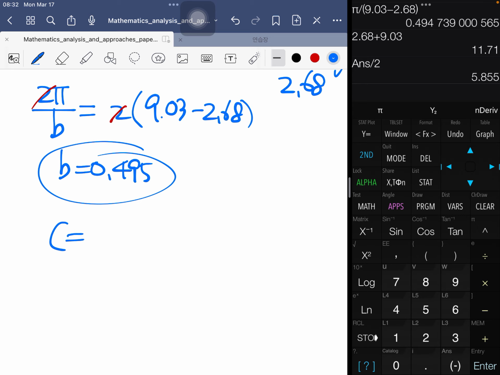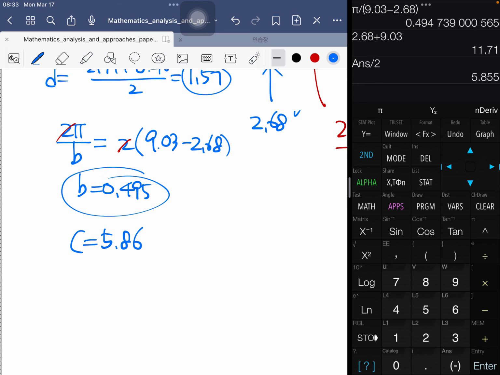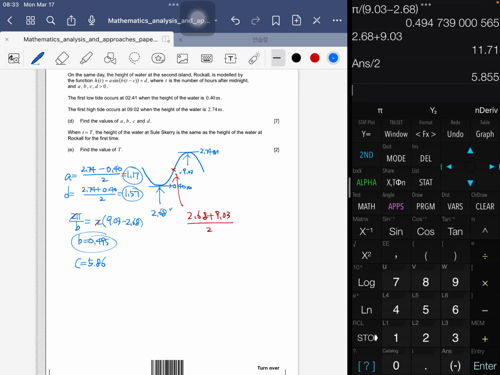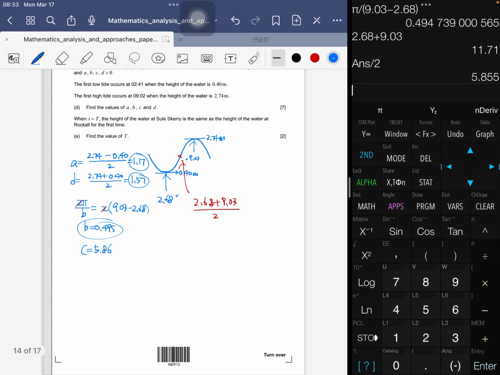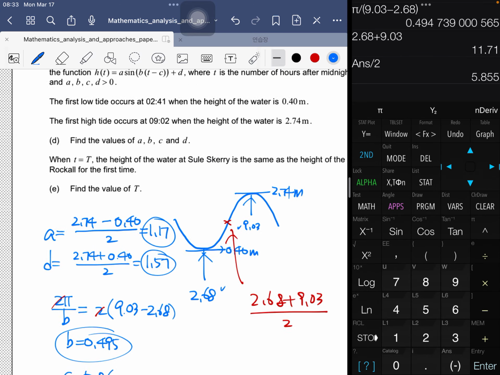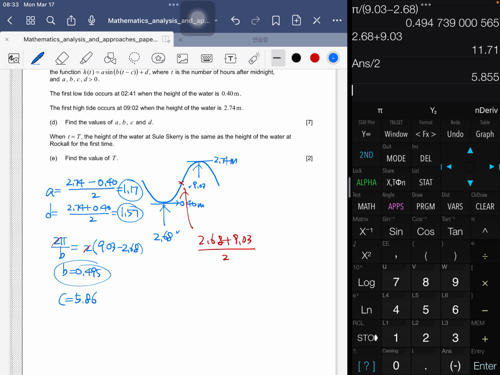Half period is a little bit less than 7. The C value is a horizontal shift from the sine function.